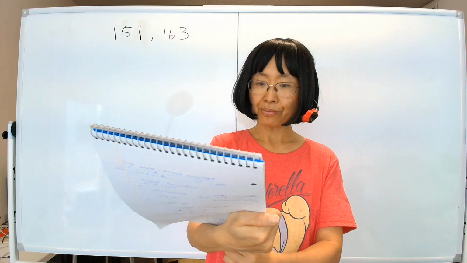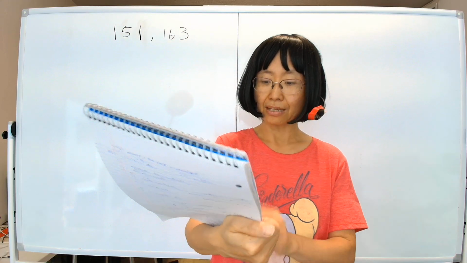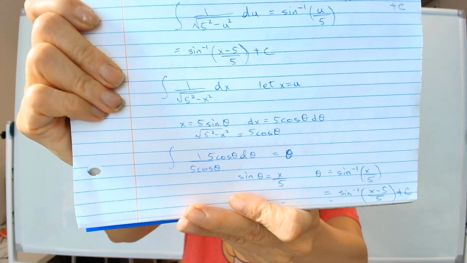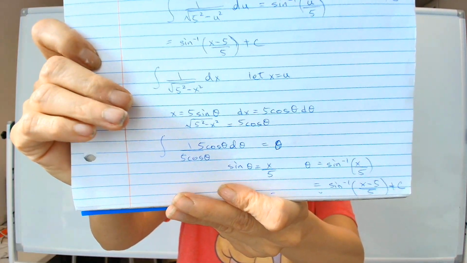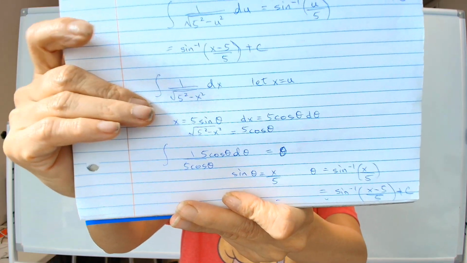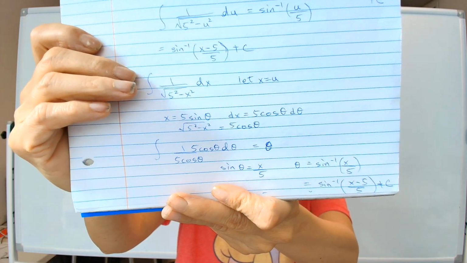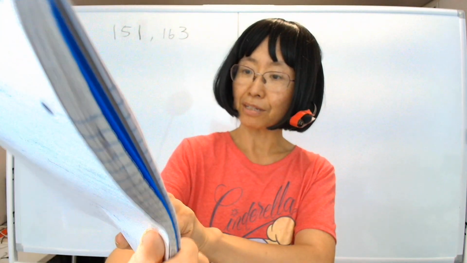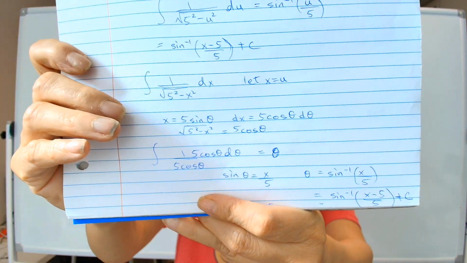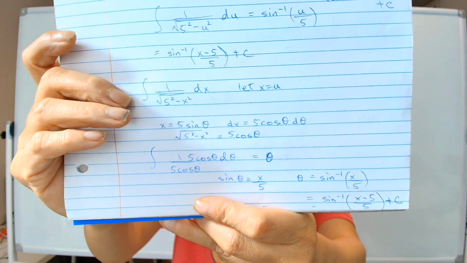Right now we'll just talk about this problem, and I will do it again. This time we're going to use the strategy method. I don't know which page it is anymore. Let x equal 5 sine theta.